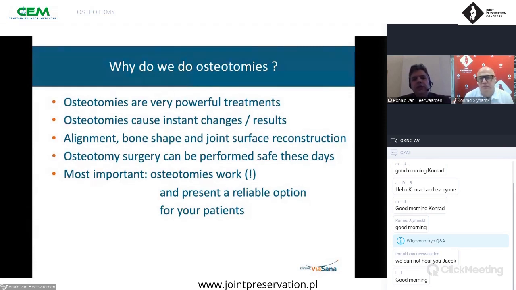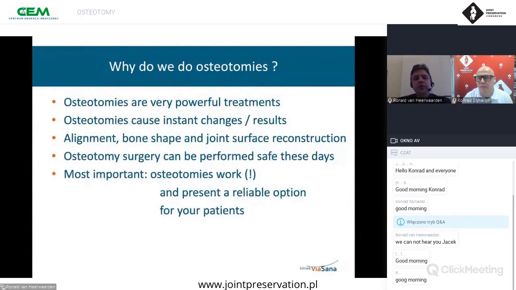Osteotomies can cause instant changes and results, and it's often very dramatic improvement for patients. It's all about alignment, the shapes of bones, and the joint surface reconstruction, because also in the joints you can do osteotomies, even in post-traumatic salvage procedures.